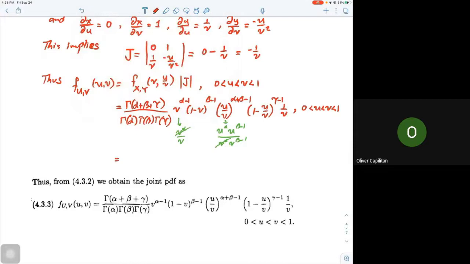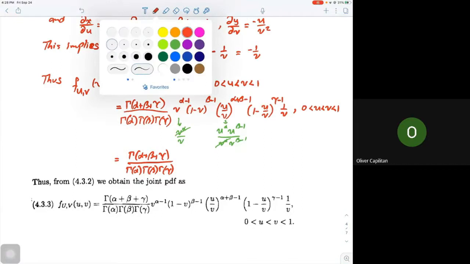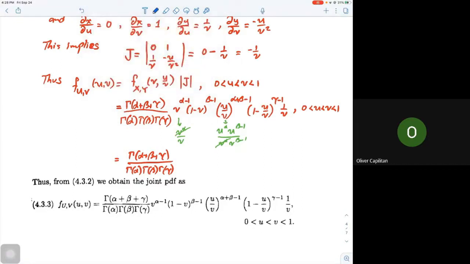This will be equal now to gamma of alpha plus beta plus small gamma, so gamma of alpha, gamma of beta, gamma of alpha here. So we can simplify now. By the way, pwede tayo mag-add dito, no? Say, you multiply this by u over u.